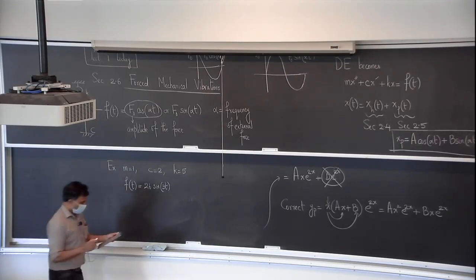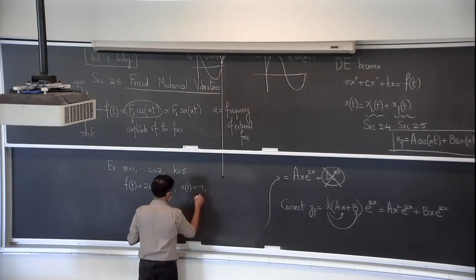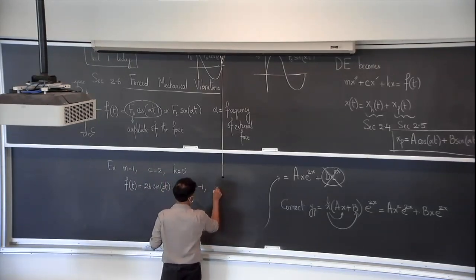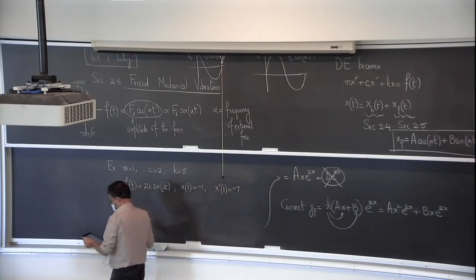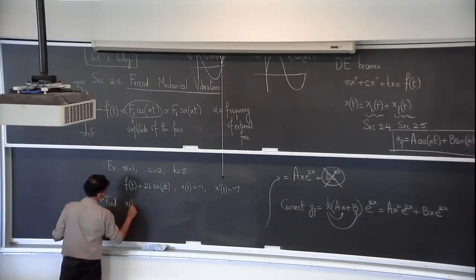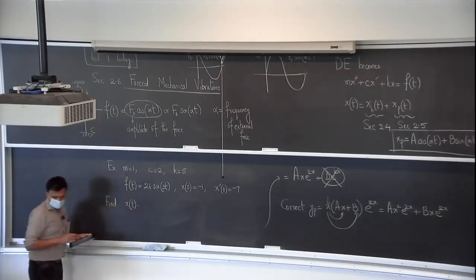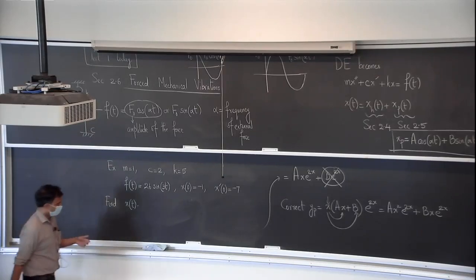And you're also given x of 0 equal to -1, x prime of 0 equal to -7, and find the displacement x of t. I'll add a few more questions once we are done with this part, but finding x of t is the big deal here.